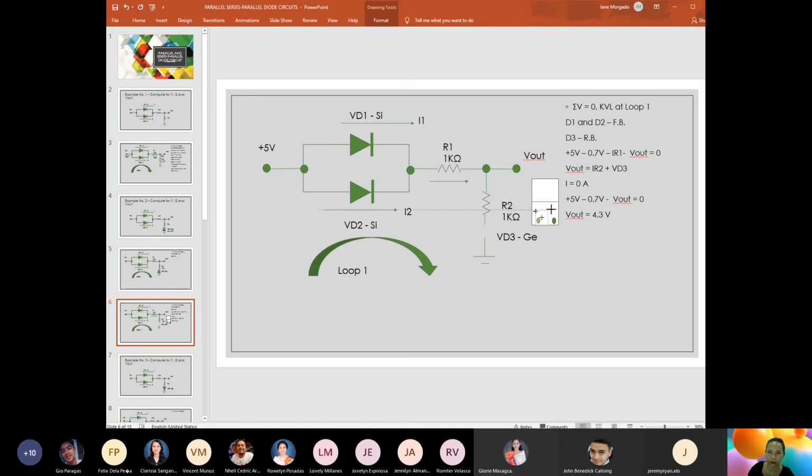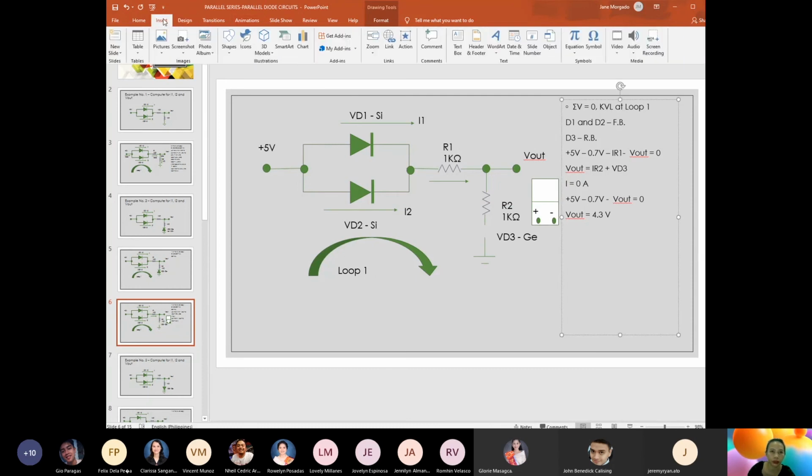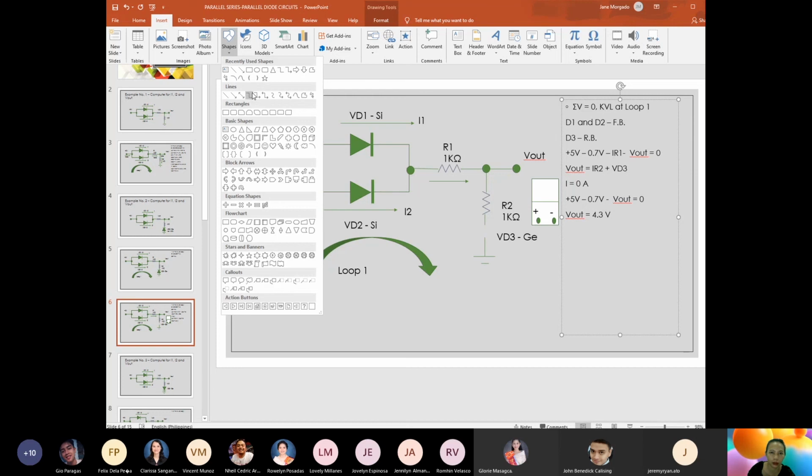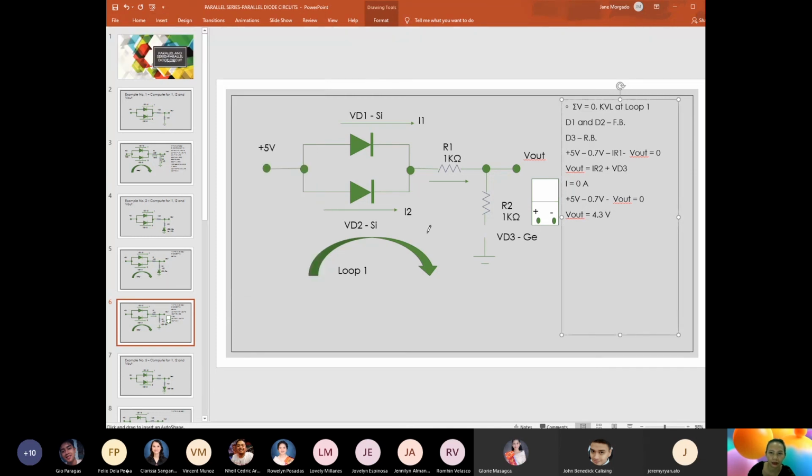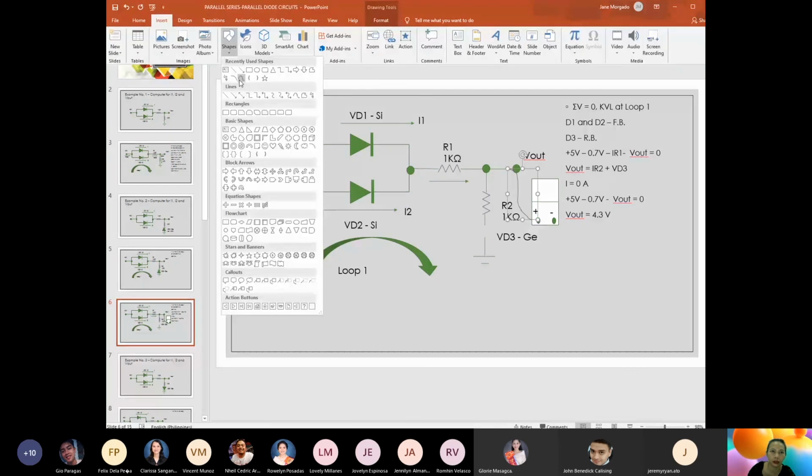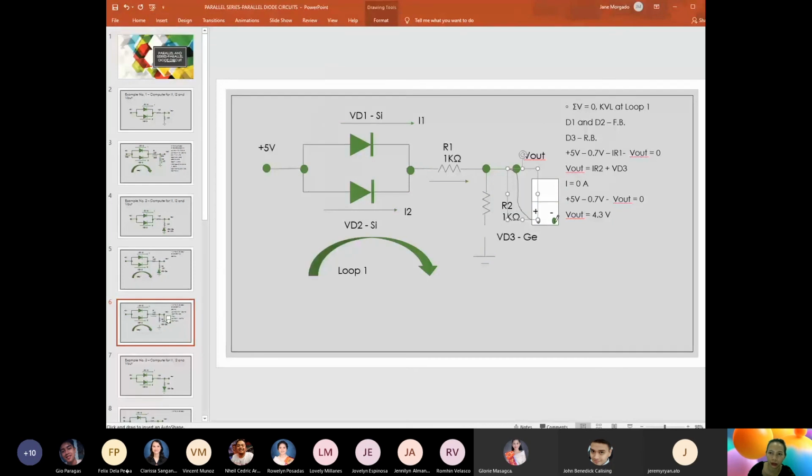Saan natin lalagay yung positive dito? Pardon my drawing. Positive dyan. Ganyan na mayayari dyan. May measure ka ang V out 4.3.